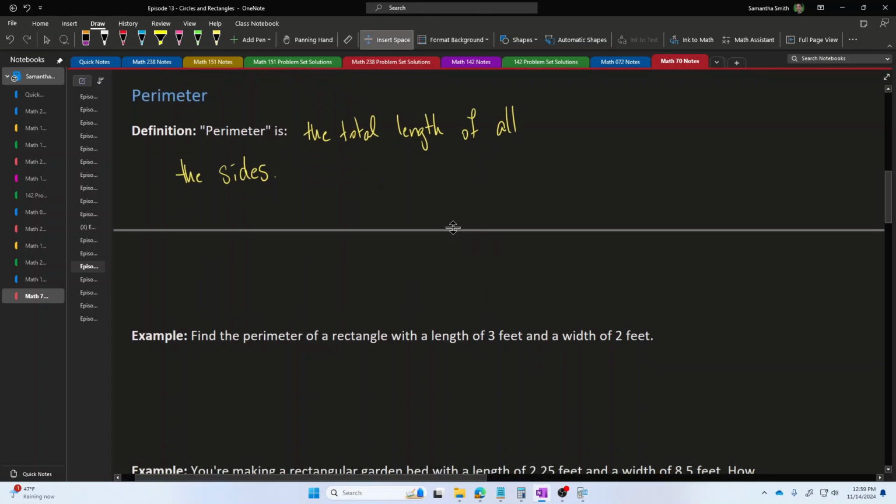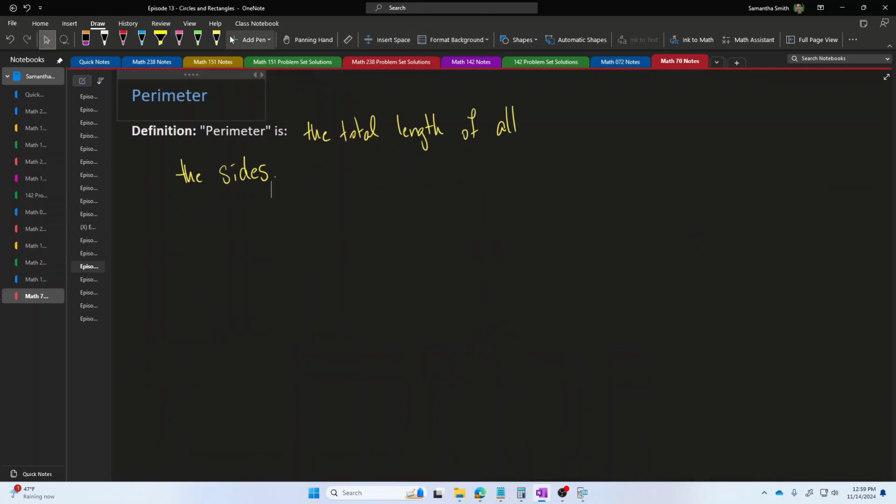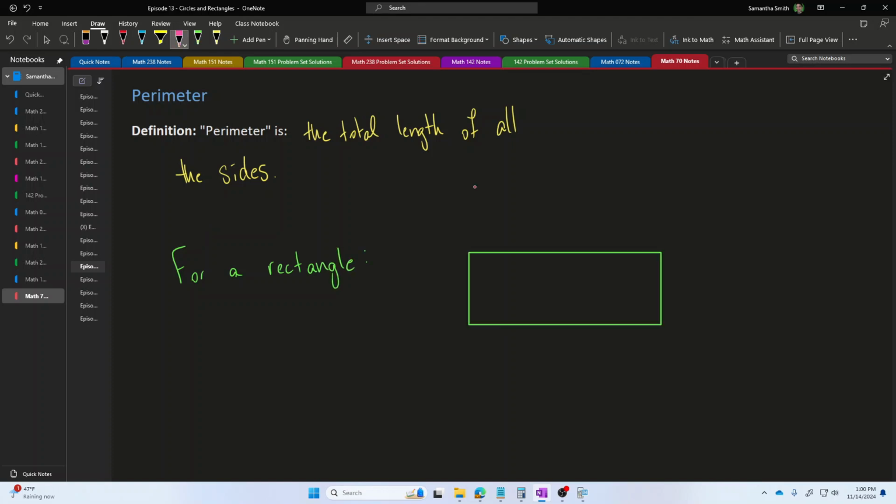Now, when you're dealing with a rectangle, and if you said, I'm going to call the length of these two sides L, L for length, and I'm going to call the other two sides W, maybe W for width.